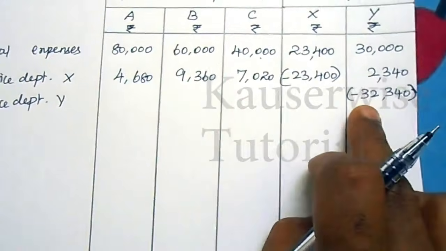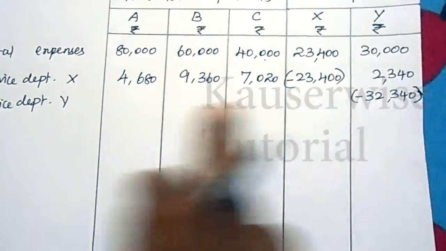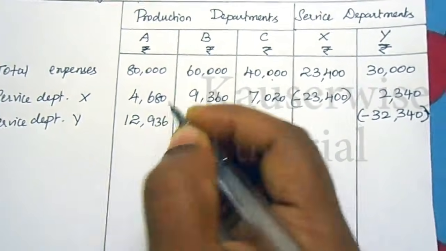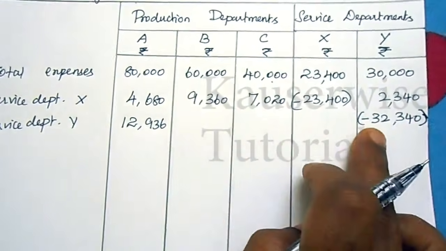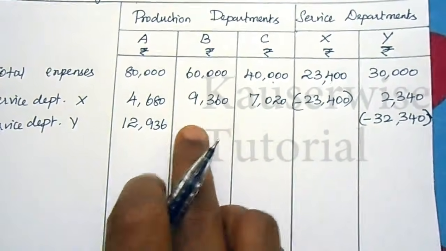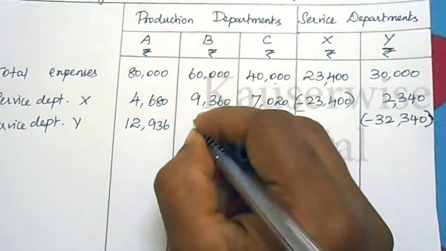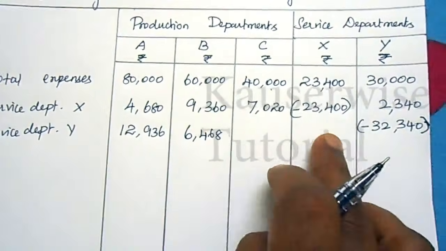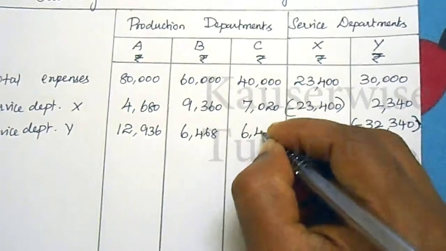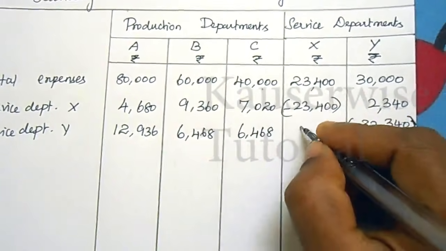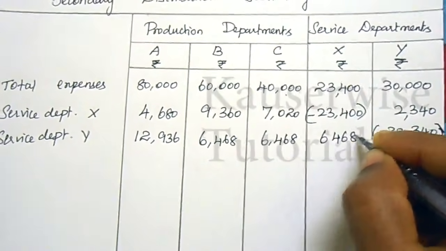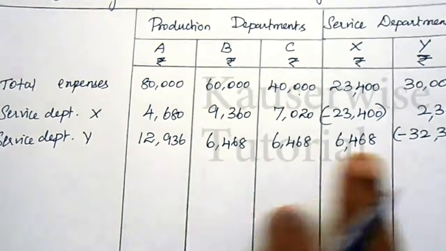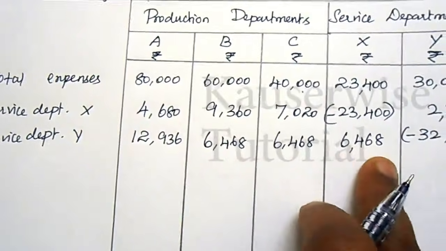So the first one, 32,340 into 40 by 100, 12,936. For B, 32,340 into 20 by 100, 6,468. Same percentage for C and X also. So 6,468 and 6,468. So this amount is reapportioned to all other departments, both production as well as service department.